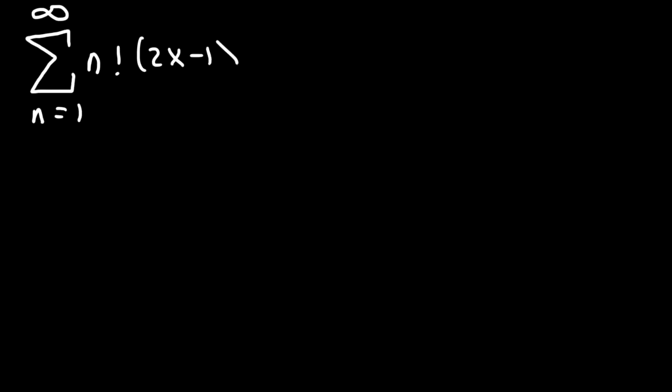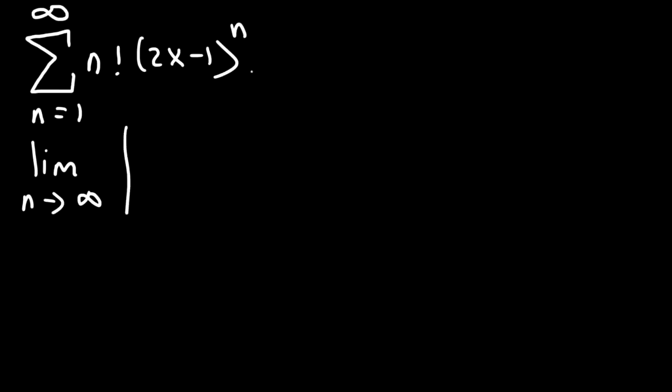Now let's try another similar but different example. So consider the series from 1 to infinity of n factorial times 2x minus 1 raised to the n factorial. So go ahead and determine the radius of convergence and the interval of convergence. So as always, we're going to start with the ratio test.